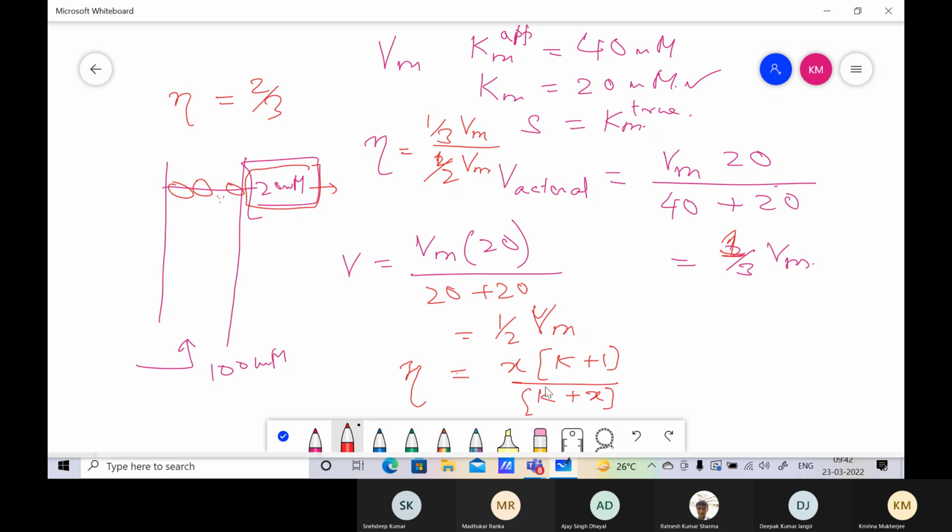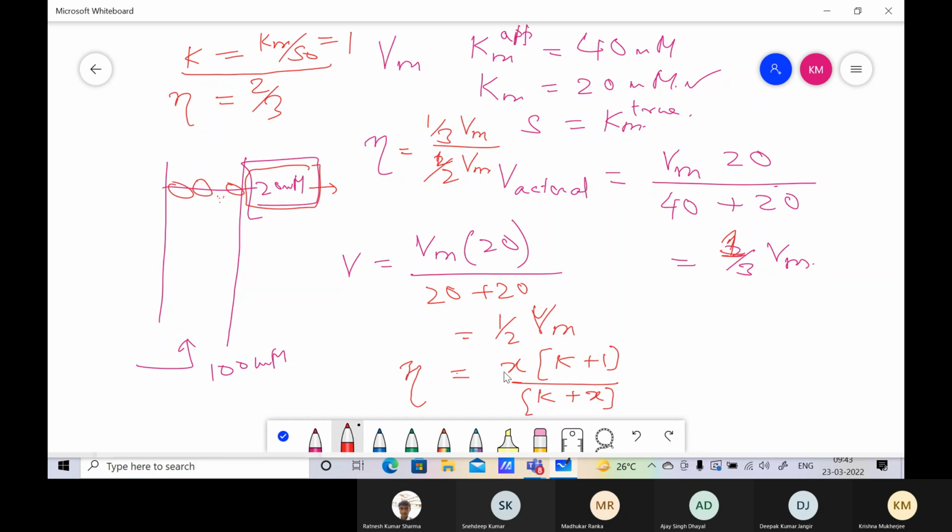So what is kappa? Kappa is Km by S naught, right? Remember? Oh, you've forgotten or you've not attended. Km by S naught, that was the non-dimensional Km, so this is equal to 1. So kappa equals 1.